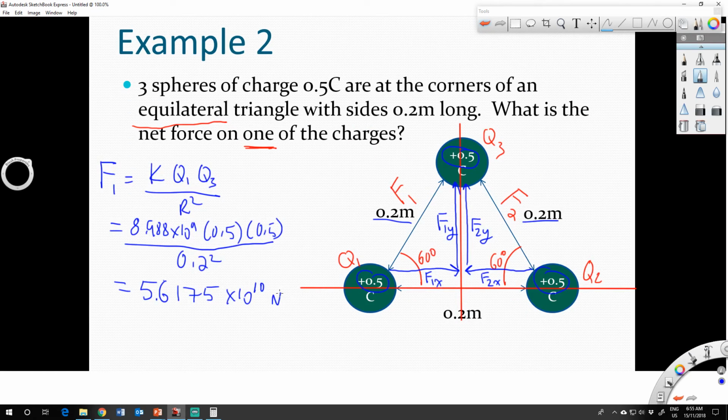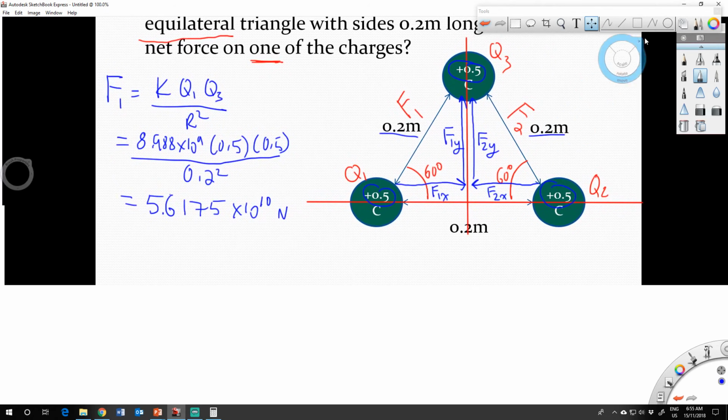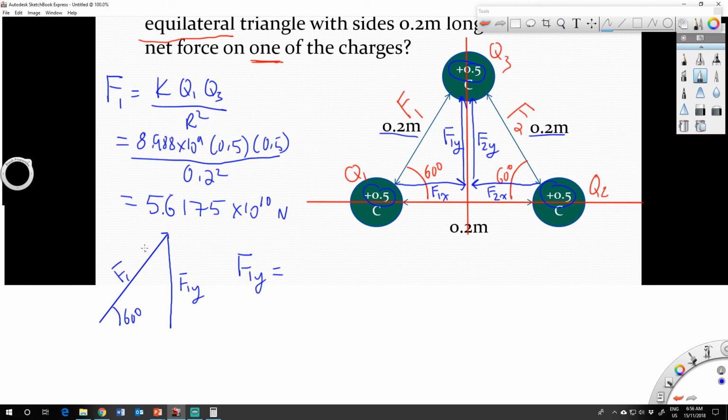Okay, so that's F1. But we don't actually want F1, we want the y component of F1. Well, let's figure that out. There's my triangle for F, and there's my hypotenuse for F1. This is what we want, the F1y component. There's 60 degrees, so F1y will be the sine component.